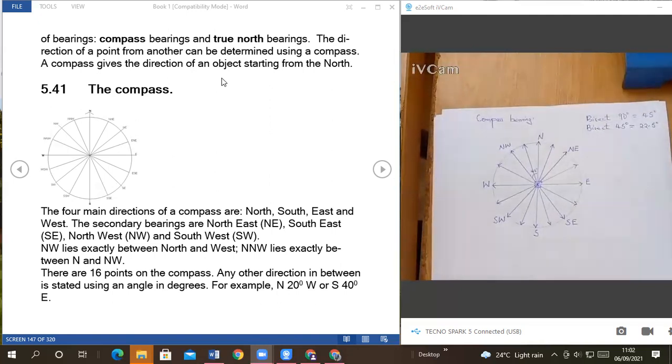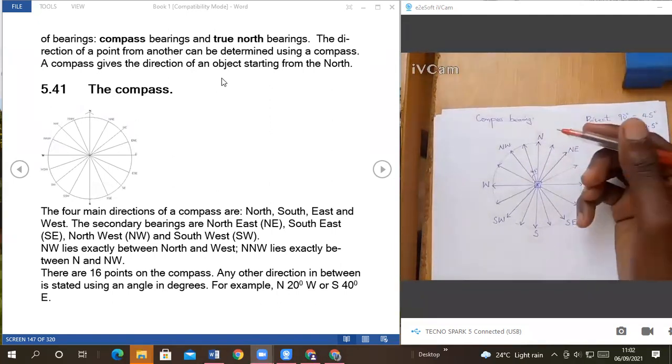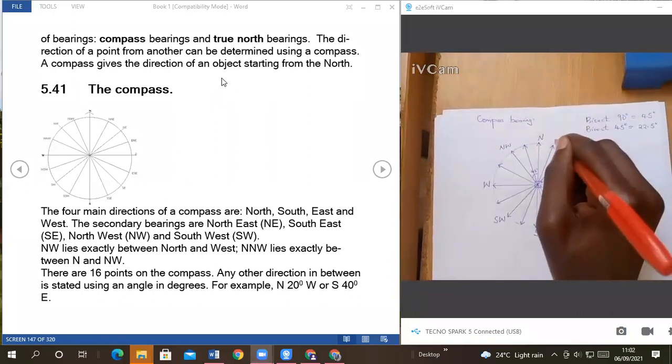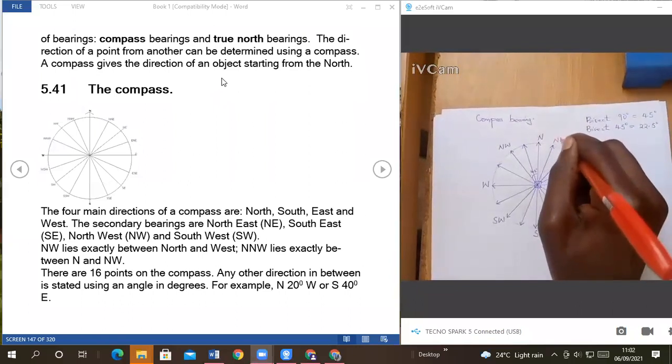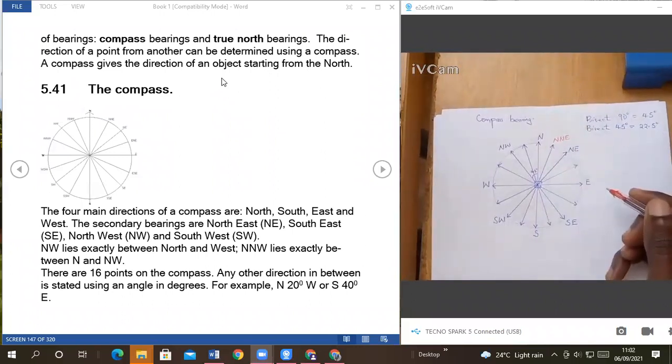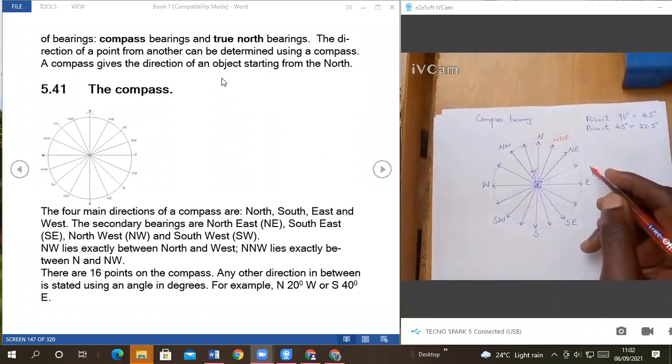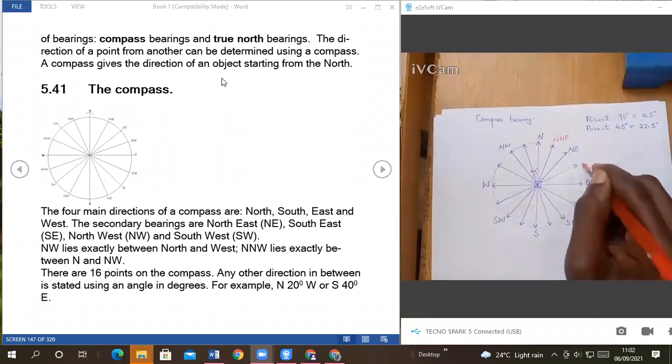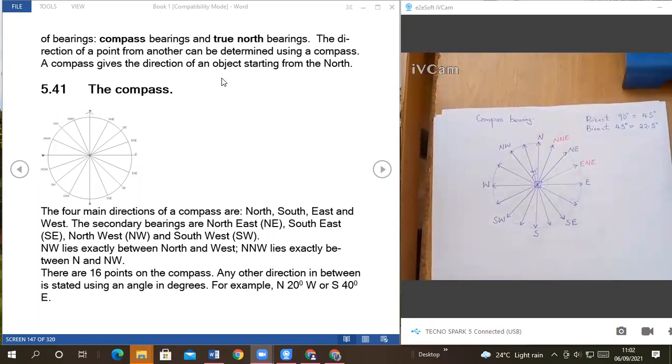Now let's start naming them. This is our north, north-north-east, then north-east. This one is east-north-east, east. What about this one?